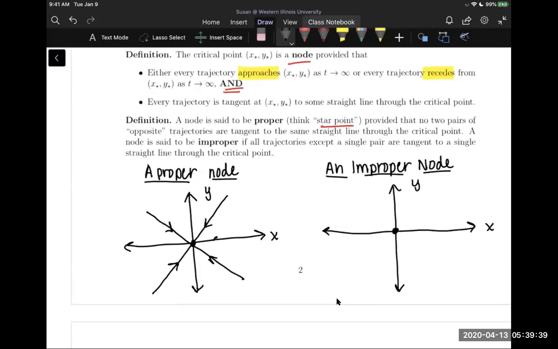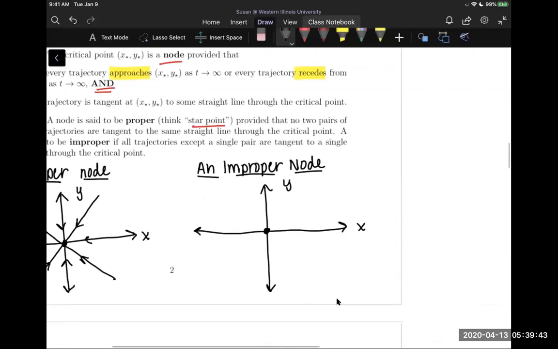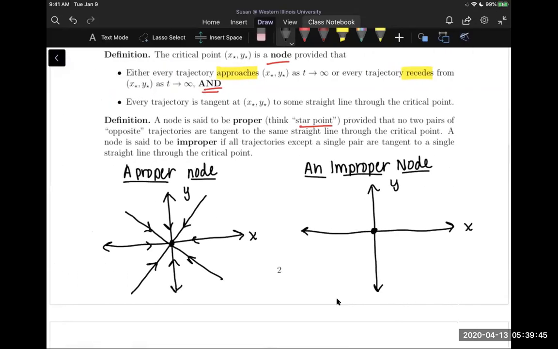You can have your trajectories going along your coordinate axes, and you could draw in any other trajectories you wanted, so long as they're not tangent to any of the others. So for example, I could sneak one in here and so on and so forth. So this node at 0, 0 here would be considered a proper node. And so maybe I'll just highlight that node here in red.